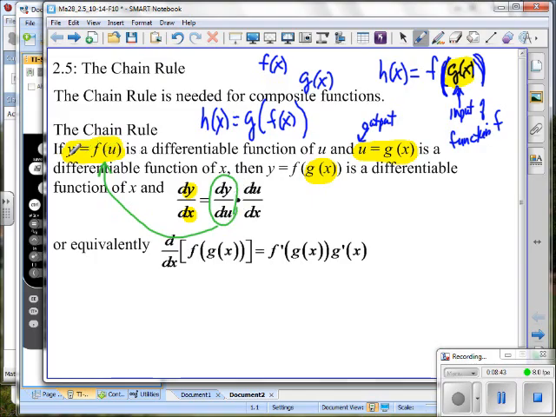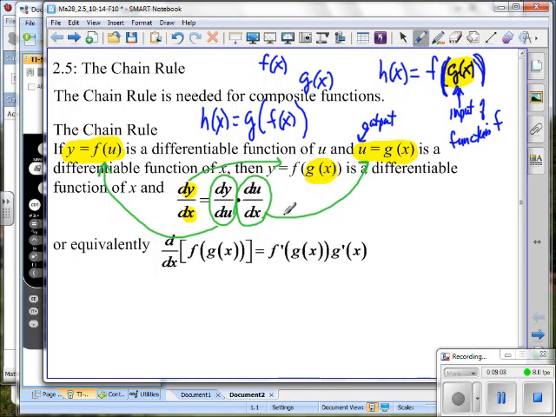What about this one? Again, all we're doing is focusing on what's the input and what's the output. Where do I find the input here? Down here, the x. The output is u. The input is x. The output is u. And so this one is the one we're using to represent here.